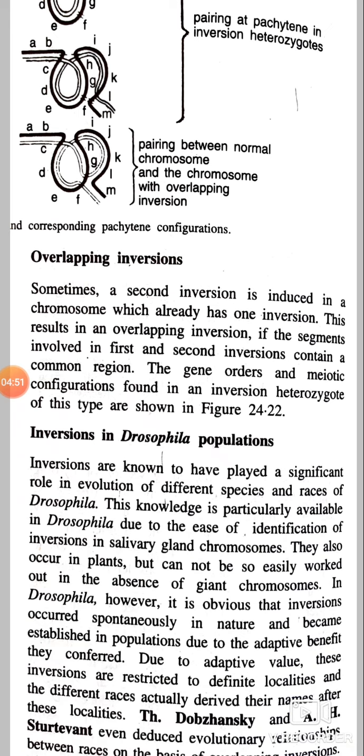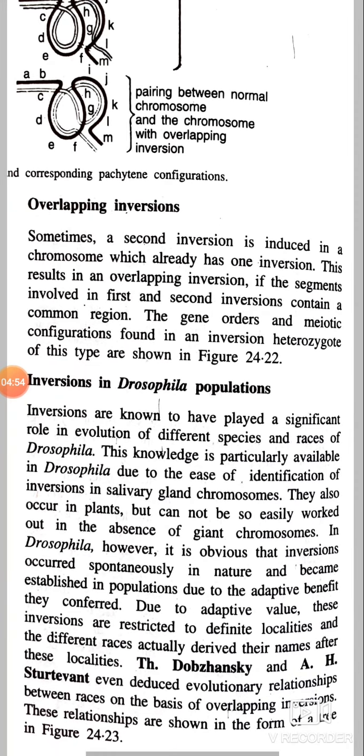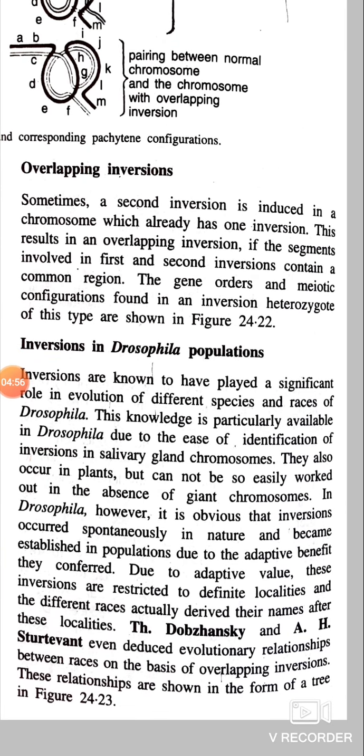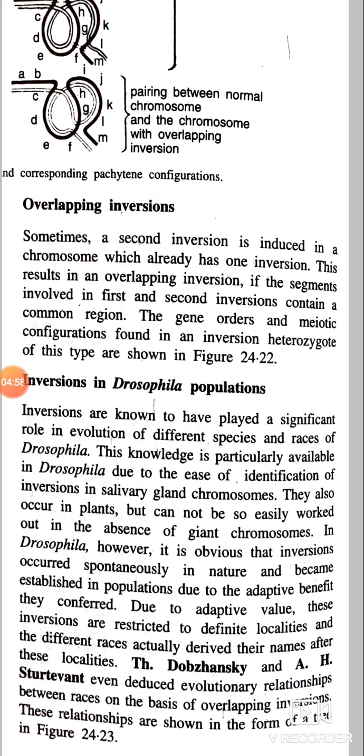Dobzhansky and associates even deduced evolutionary relationships between races on the basis of overlapping inversions. These relationships are shown in the form of a tree figure in the diagram of 24.3.